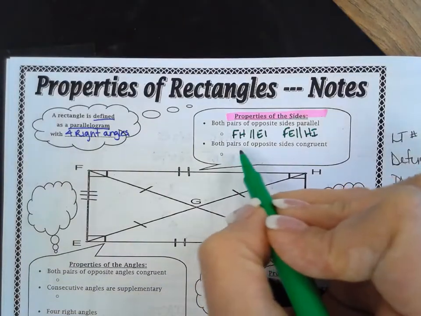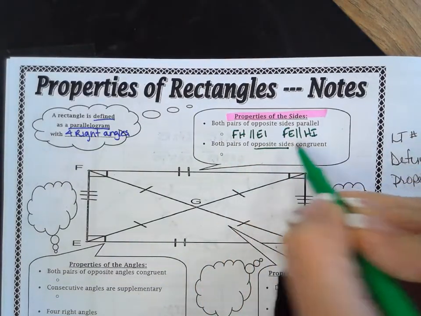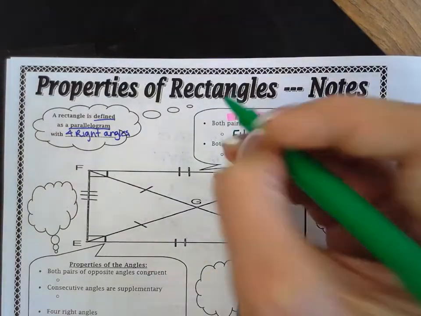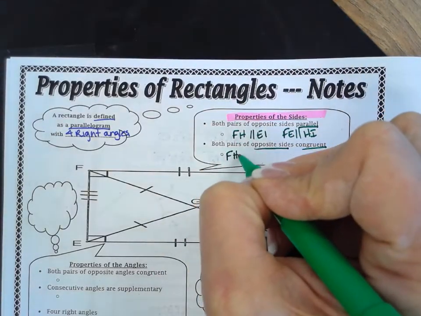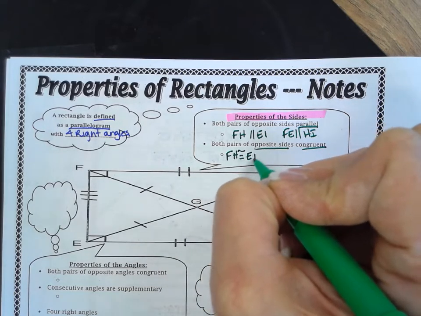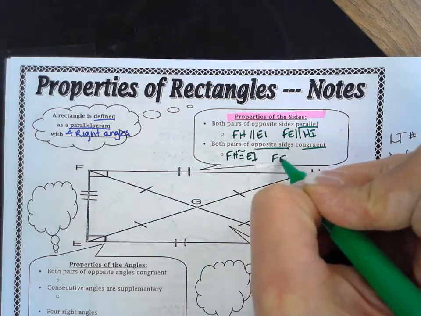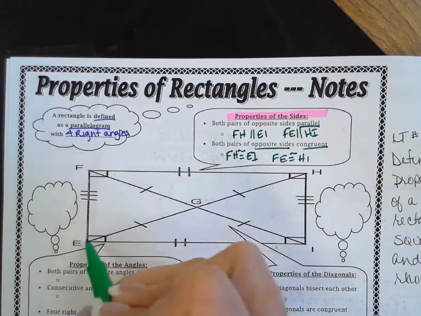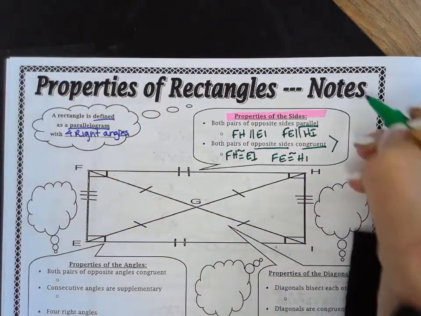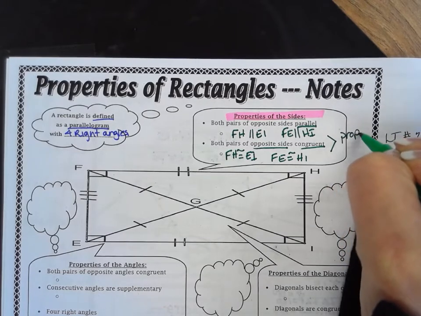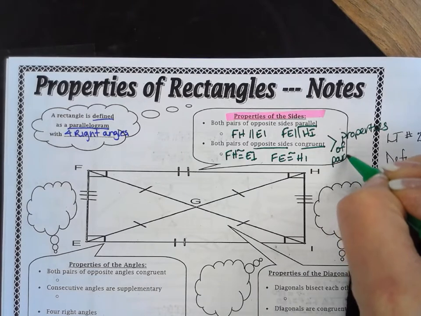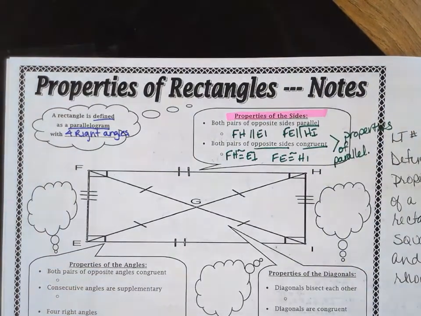We also have that both pairs of opposite sides are congruent, so that makes FH congruent to EI and FE congruent to HI. Because those are your properties of a parallelogram, those follow through as well.